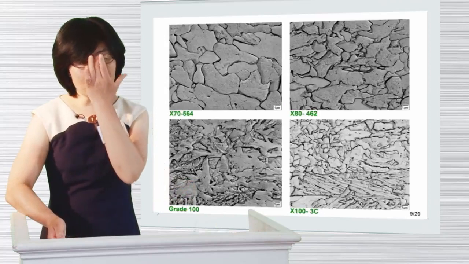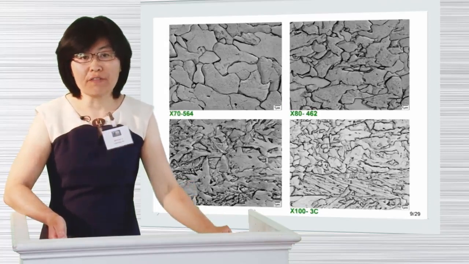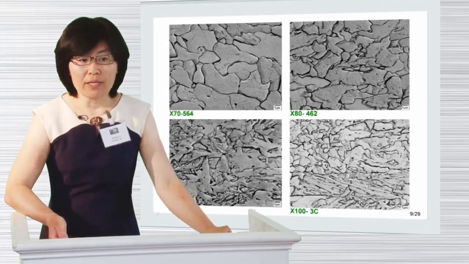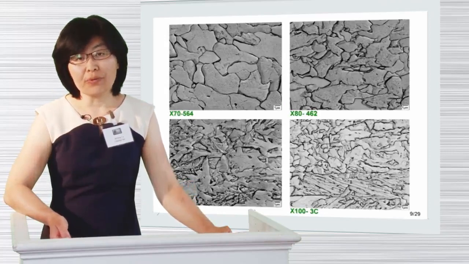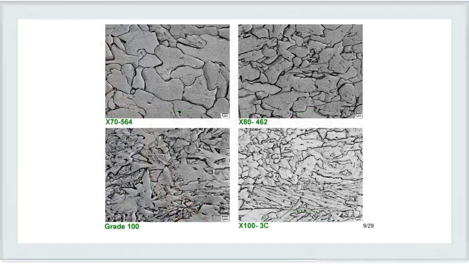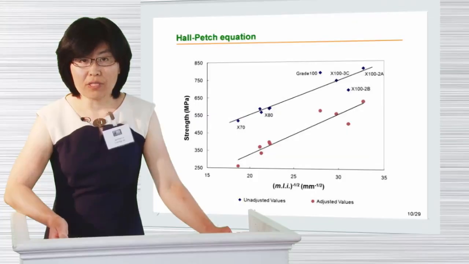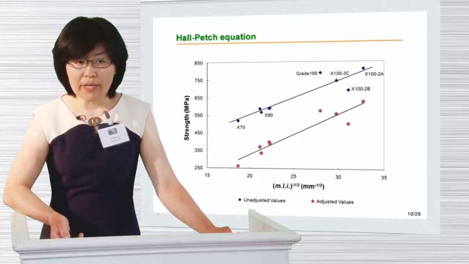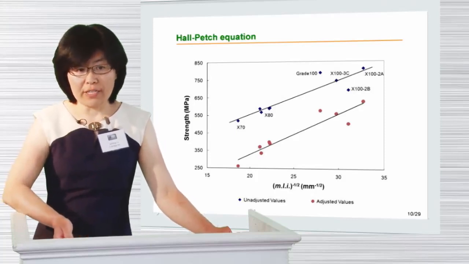And here shows the sample images of the SEM results. And we can see with the increase of the steel grade, the grain size will be reduced. And based on the grain size measurement, we can plot the Hall-Petch equation. And here, there are two sets of data.